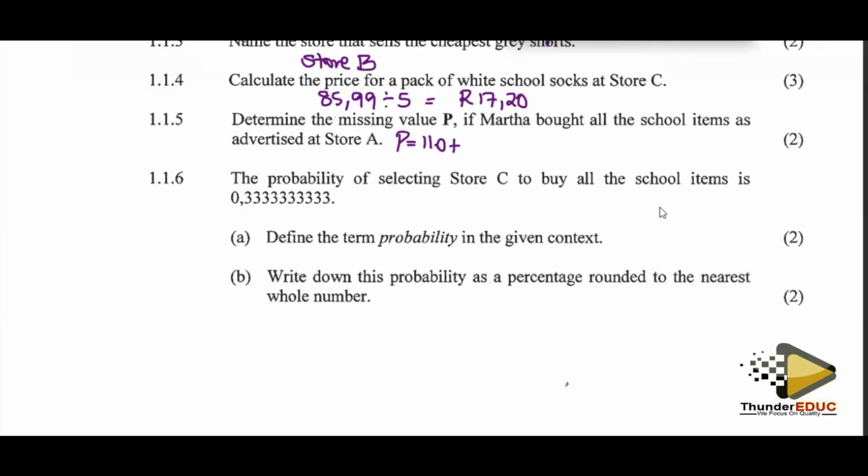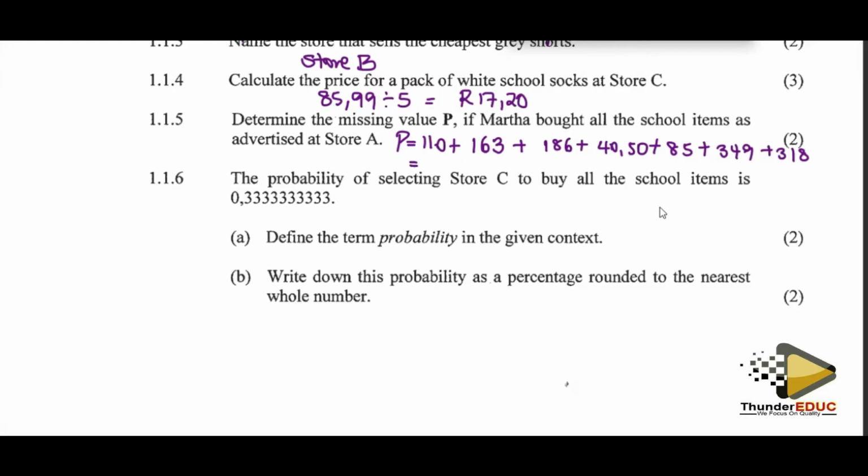110 rands plus 163 plus 186 plus 40 plus 85 plus 349 plus 318.